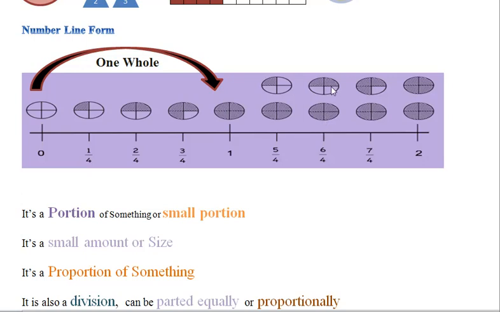Total divisions are 4, but out of that we have used 6 portions. Same, we can move on and see 7 portions have been used out of 4. So this is how we make improper fractions, and we understand them using this figure as a mixed fraction also.